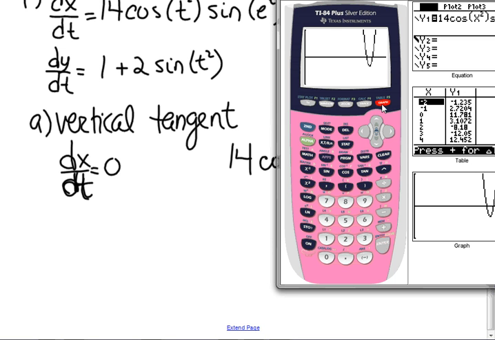Okay, so we are going to do second calculate. And this happens on the exam. I'm going to try for 0. And I guess I'm going to have to go over here until I see the cursor. Should be coming down.